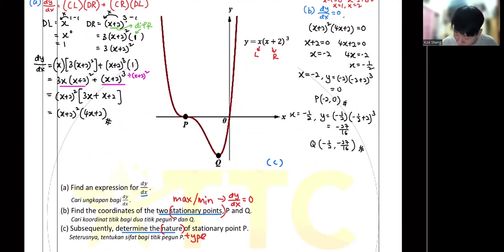So to determine the type of the stationary point here, long time no see, you have to go for the double differentiation. Yes, d square y over dx square. Hey. So you see that? Just now the dy dx, this answer, need to do the differentiation again.